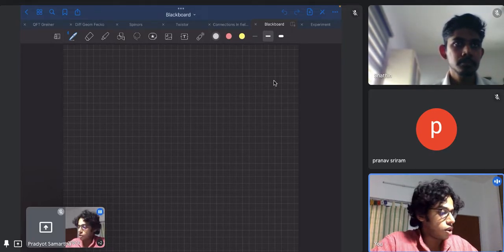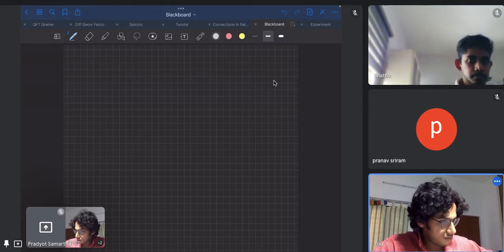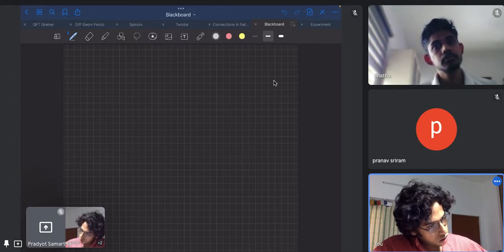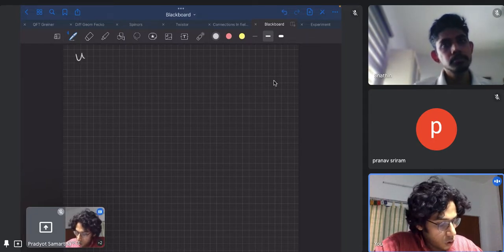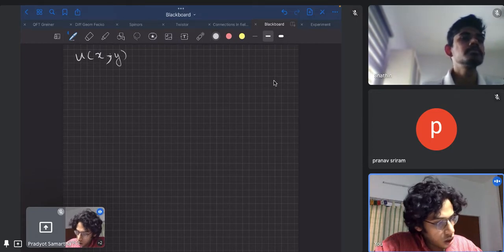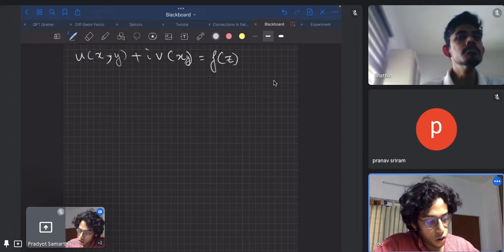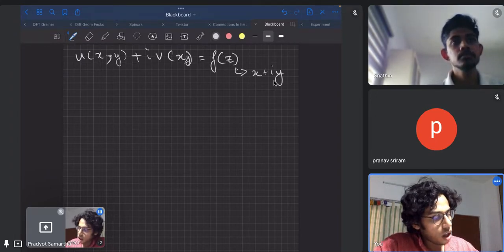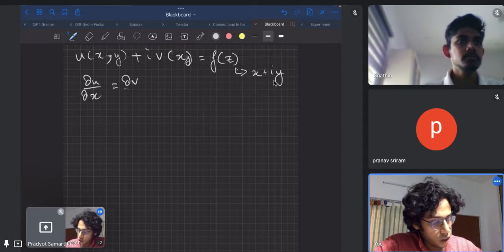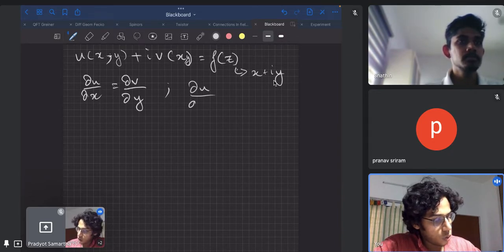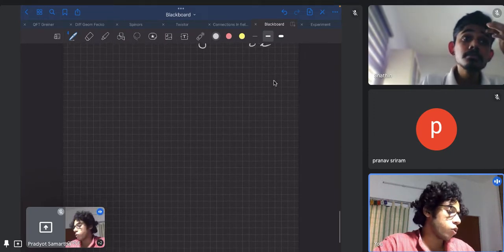To keep in mind, given a complex function u(x,y) + i v(x,y) = f(z), where z is the complex number x + iy, you have a differentiable function only if ∂u/∂x = ∂v/∂y and ∂u/∂y = -∂v/∂x.